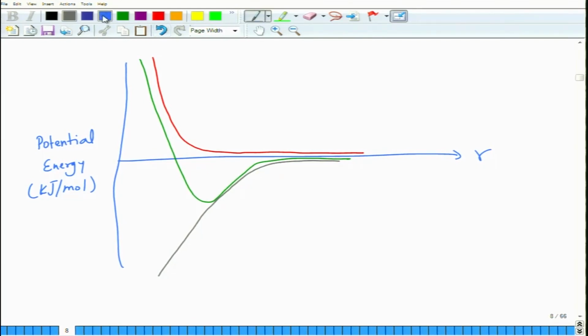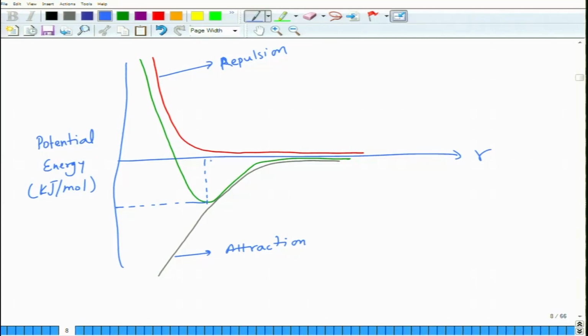This would be the attraction term, and this is what is going to give you the minima.